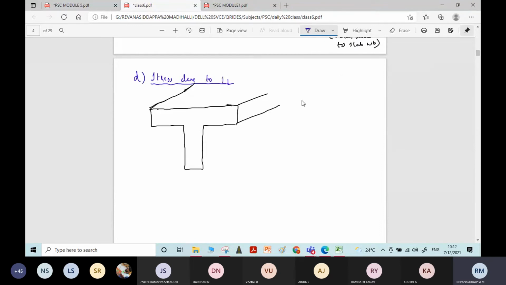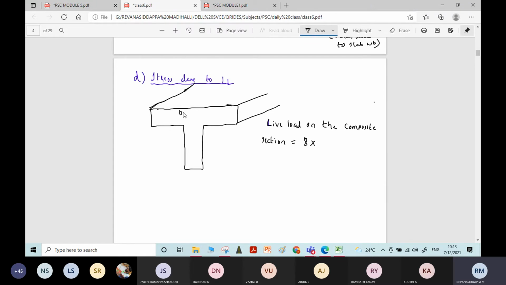For that, you write live load on the composite section. Live load on the composite section is equal to, it is given as 8 kilonewton per meter square. 8 into, you convert that into per meter length.